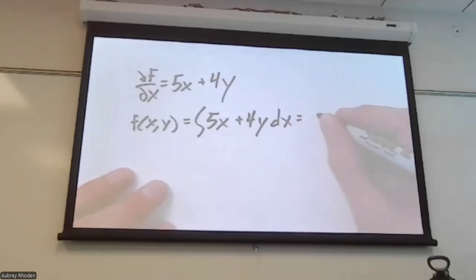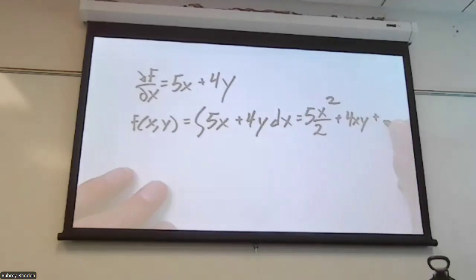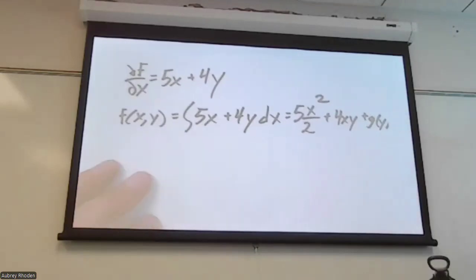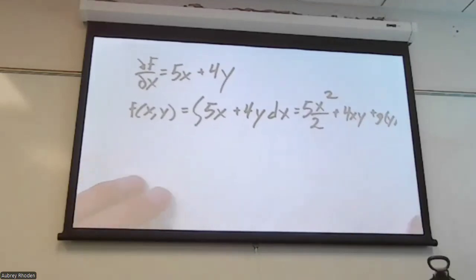And so that's going to turn into 5 times x squared divided by 2, plus 4xy, plus some possible g of y.